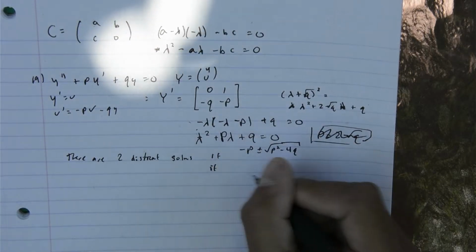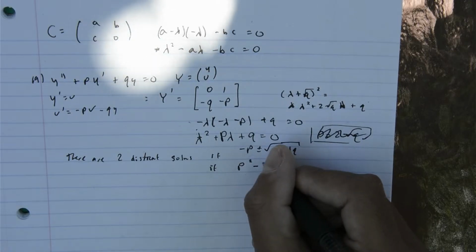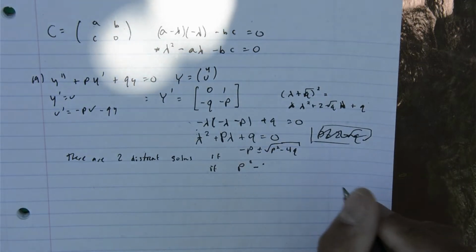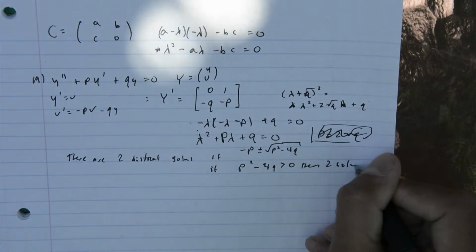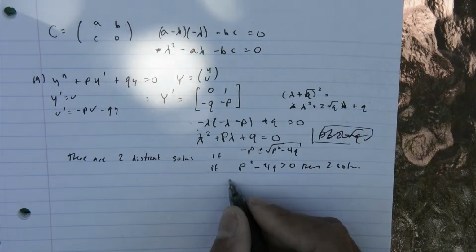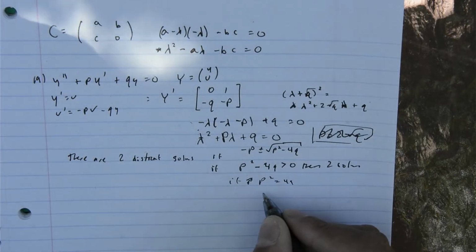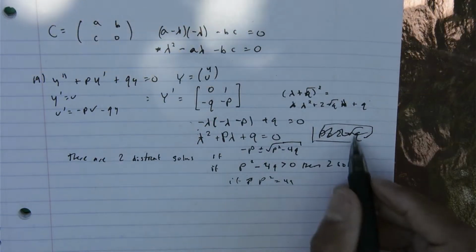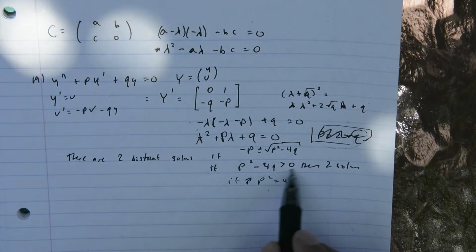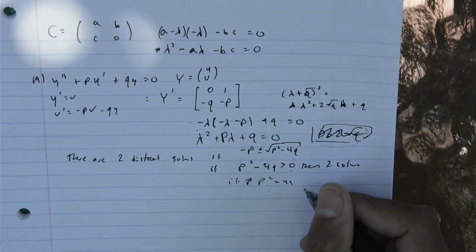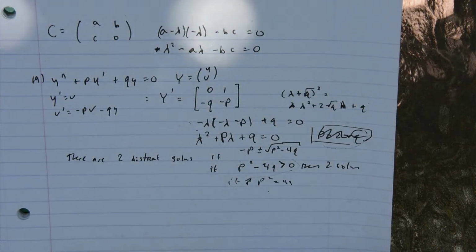So if p squared minus 4q is greater than 0, then two solutions. But okay, wait, if we just did p squared is equal to 4q. Yeah. So I did a simple case of just this, but this is more general, because this is strictly greater than 0. Okay, so that covers more cases.